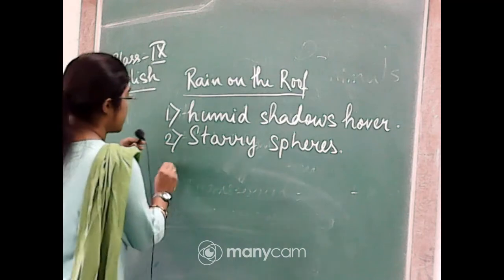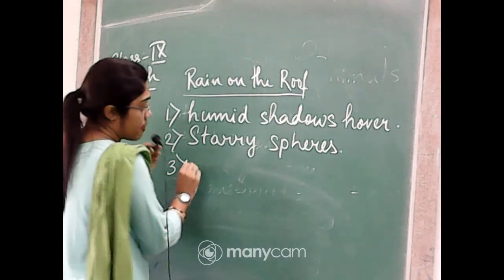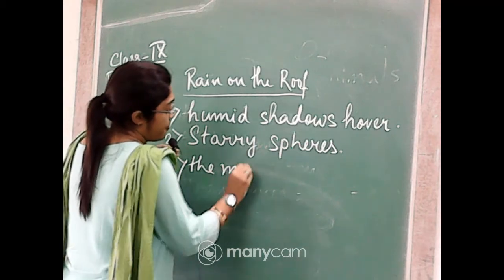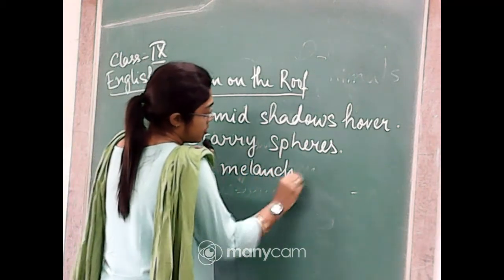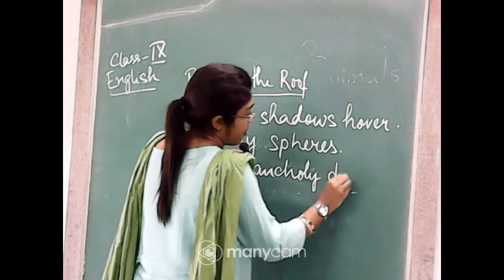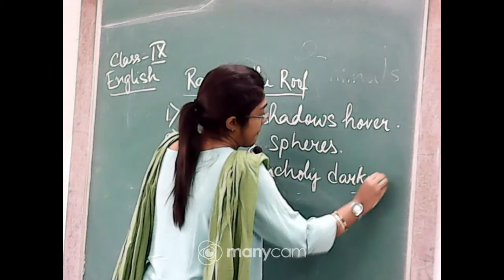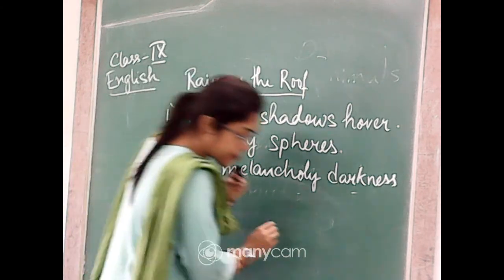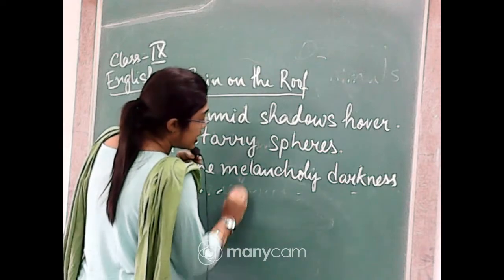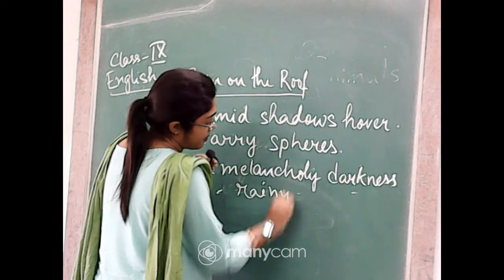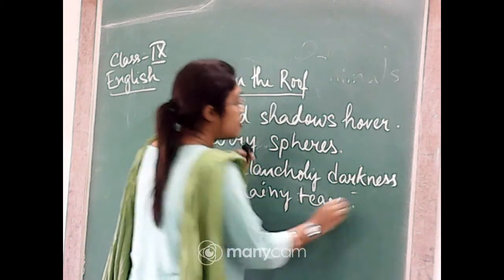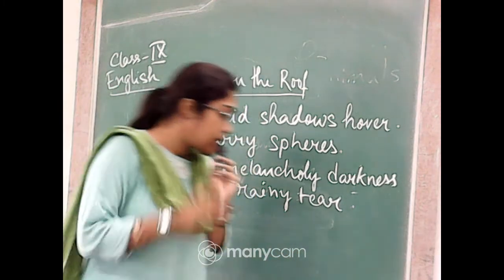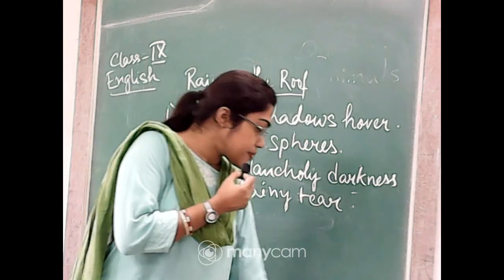Next, the melancholy darkness, rainy tears. Those two lines, write down, give a dash.